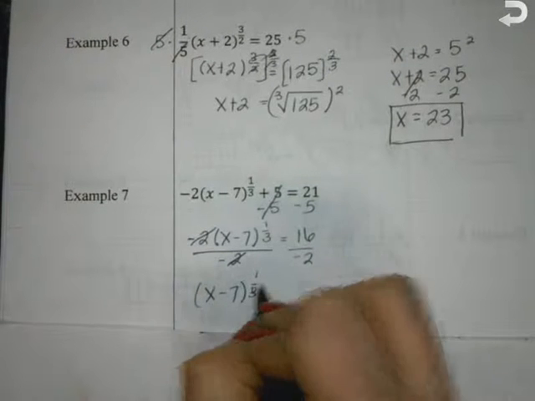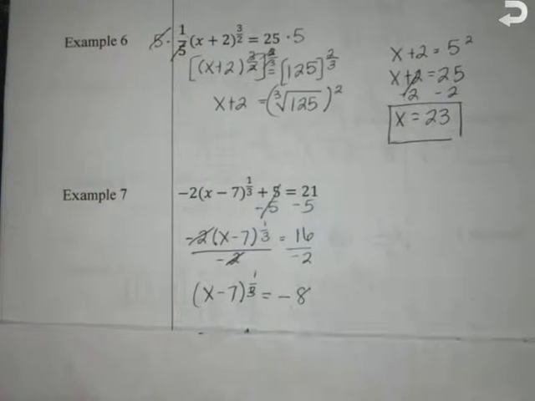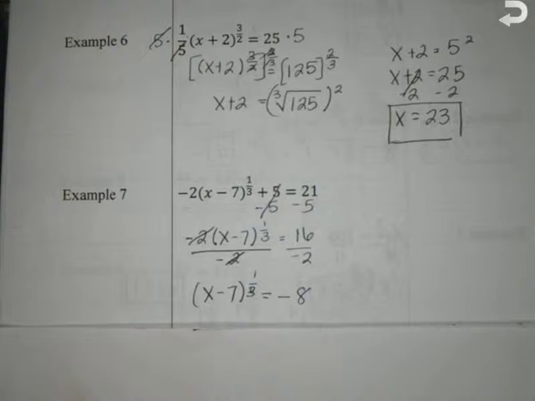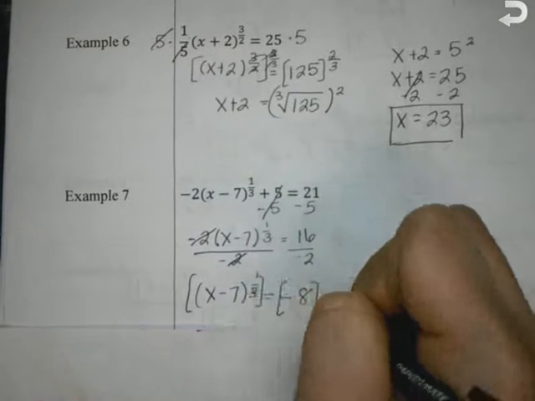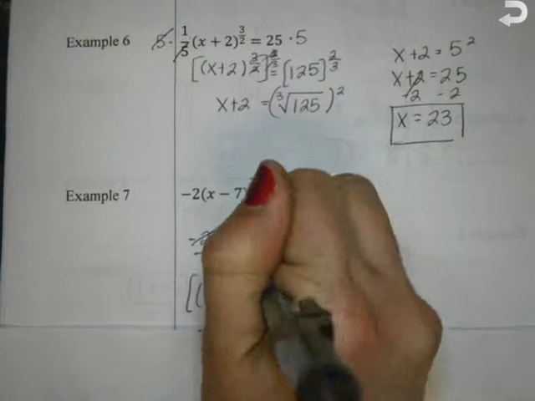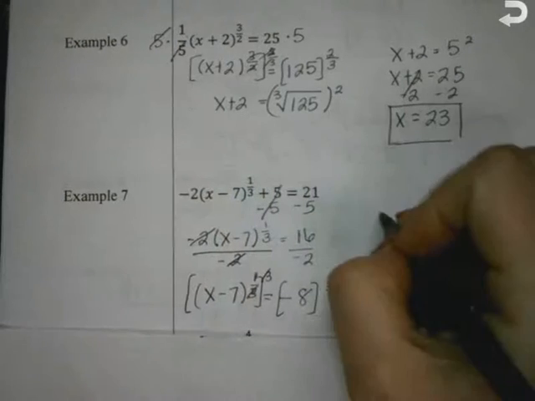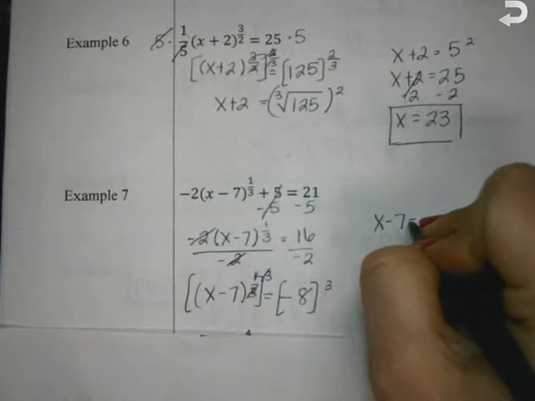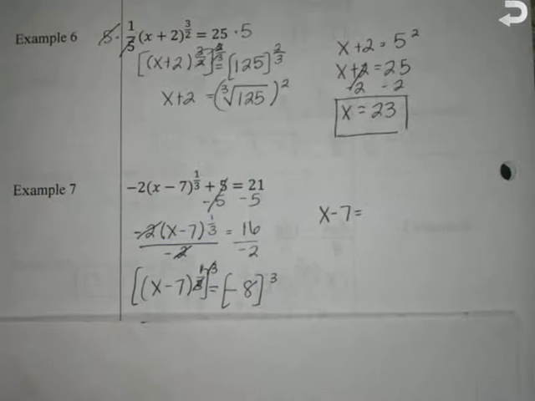And then we raise both sides to the reciprocal. What's the reciprocal of 1/3? 3. 3 over 1, or just 3. So this is x minus 7 equals negative 8 to the 3rd power. What's that going to give me? Negative 512. We're not taking the cube root, we're just cubing it.